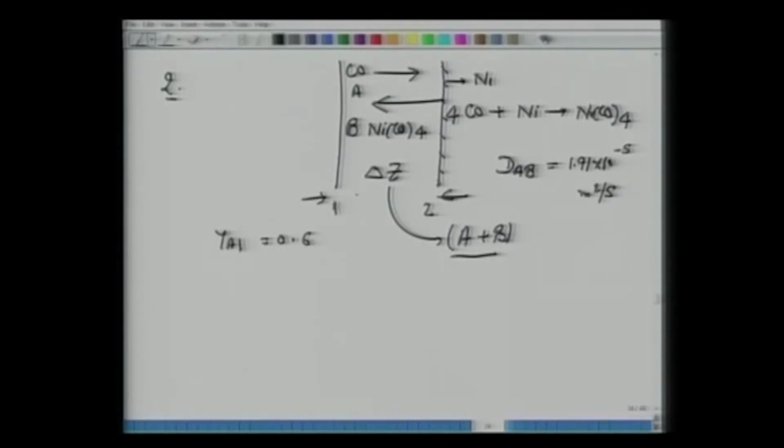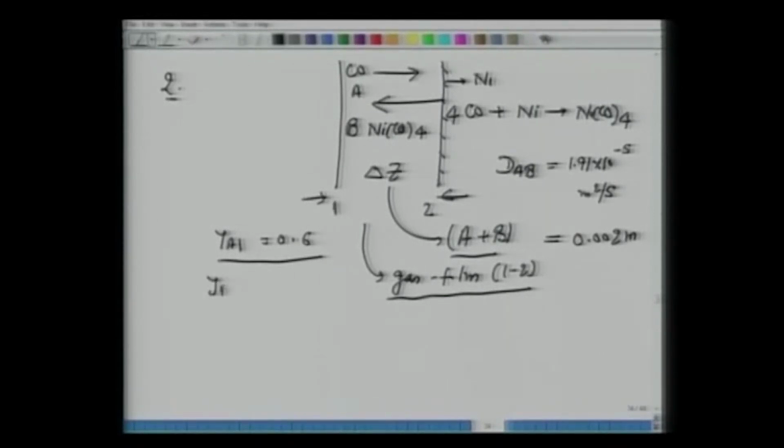This gas film, this binary mixture of gas film between 1 and 2, has delta Z given as 2 millimeters, which is 0.002 meter. The concentration y_A1 at location 1 in the bulk medium is 0.6, and the rest, y_B1, would be 0.4.